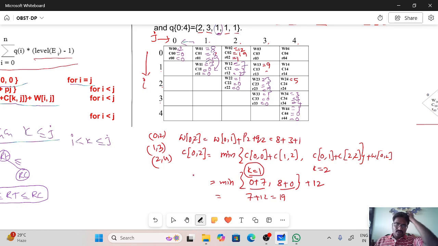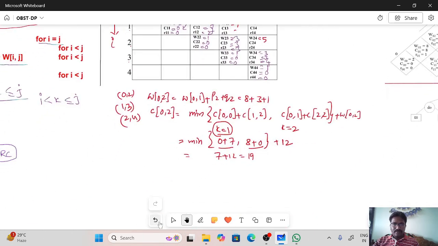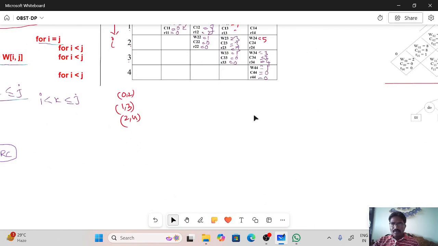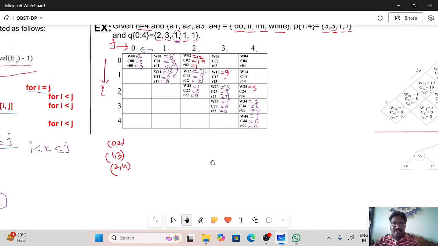Okay. So I am going to evaluate now C of 1,3. If you have any doubt, now it is going to be clarified. So please observe carefully. Now we have already evaluated the weight of 1,3. Now we are going to find the cost of 1,3. That is nothing but the minimum of k value greater than 1 and less than or equal to 3. So k is 2.